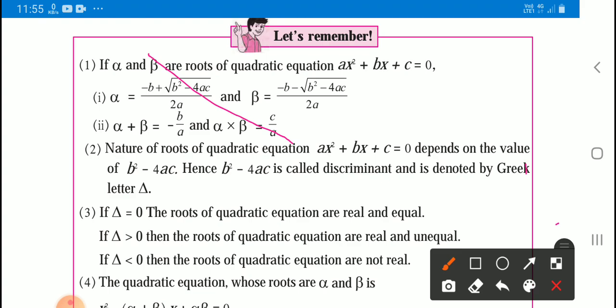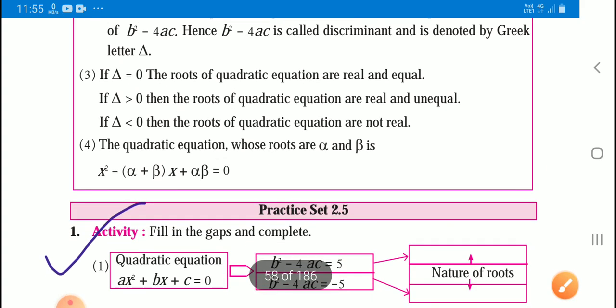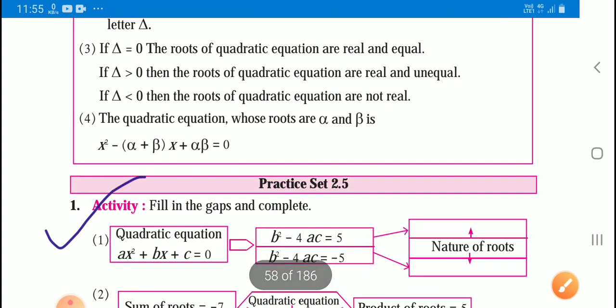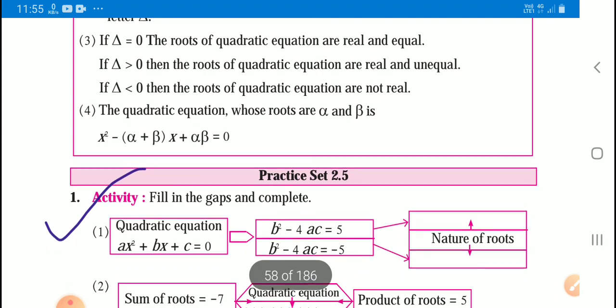Now you have to keep in mind, if delta is equal to 0, the roots of the quadratic equation are real and equal. If delta is greater than 0, then the roots are real and unequal. And if delta is less than 0, then the roots of the quadratic equation are not real. By using these three conditions, you have to decide the nature of the roots of the given equation.